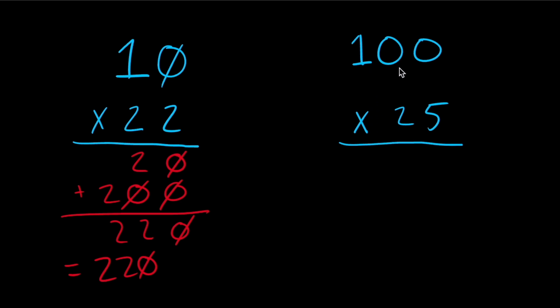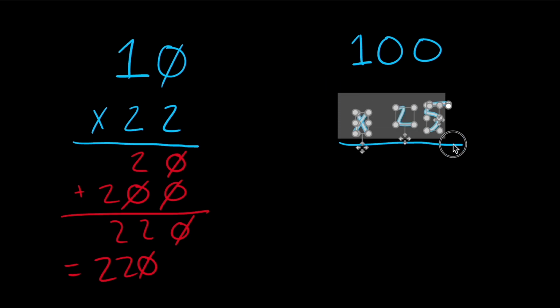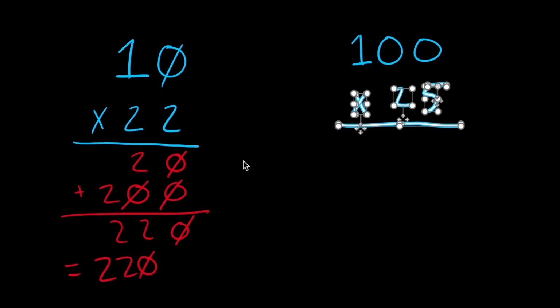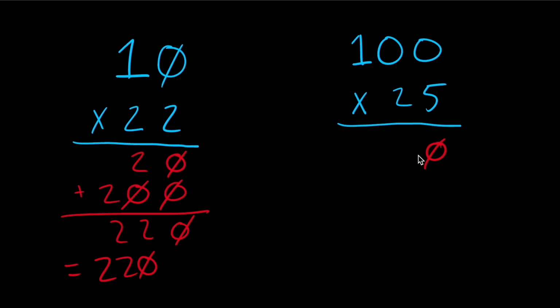Last problem. 100 times 25. All right, I'll need to write a little bit smaller here. Let me just raise that up there. So 5 times 0 is 0. 5 times 0 is 0. 5 times 1 is 5. Then we add this 0 to the second row.